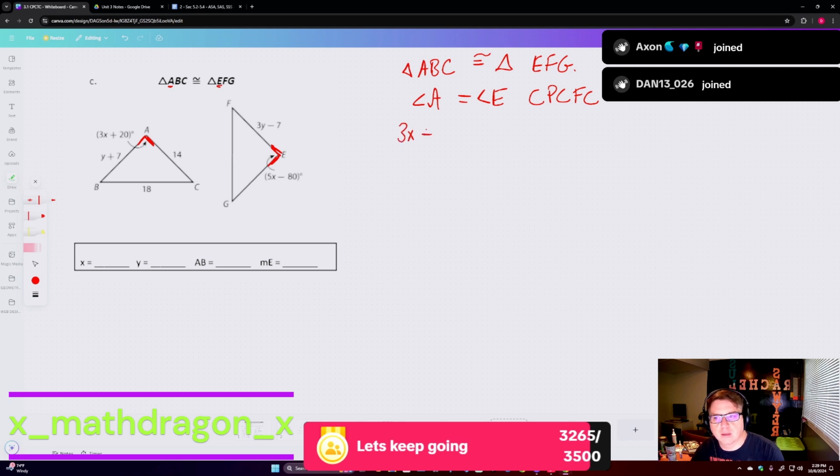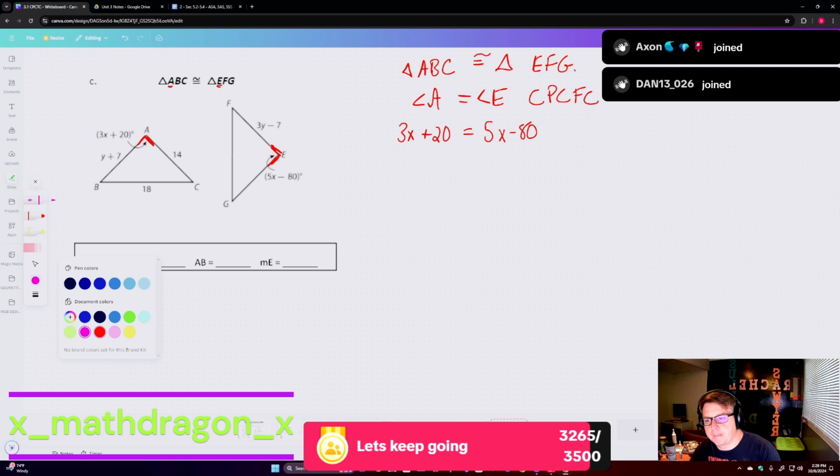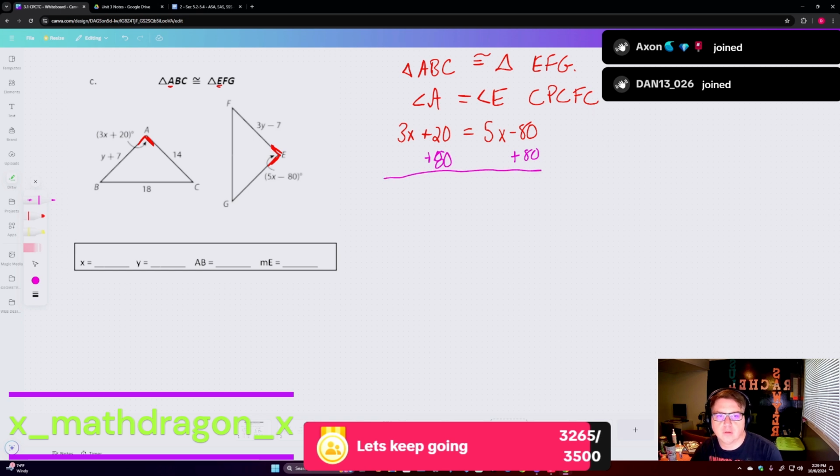So 3x plus 20 equals 5x minus 80. So we'll add 80 to both sides. So this is substitution. Addition property of equality. POE.